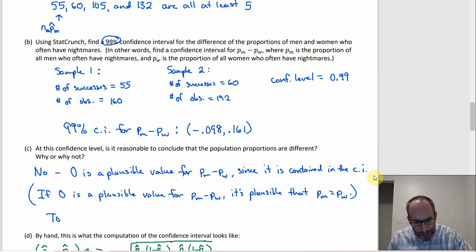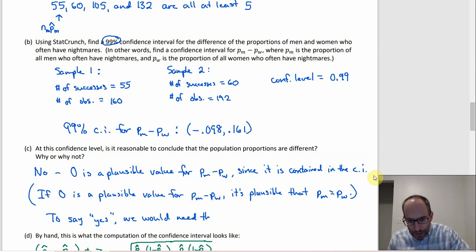So to say yes, we would need the confidence interval to be either entirely negative or entirely positive, because those are the situations that wouldn't contain 0.